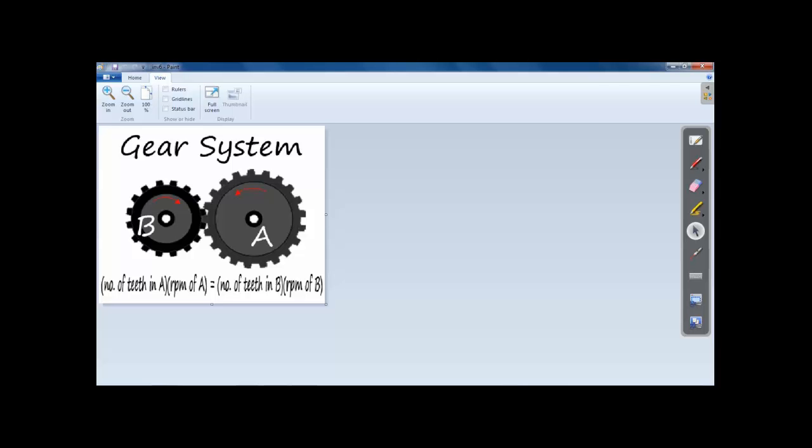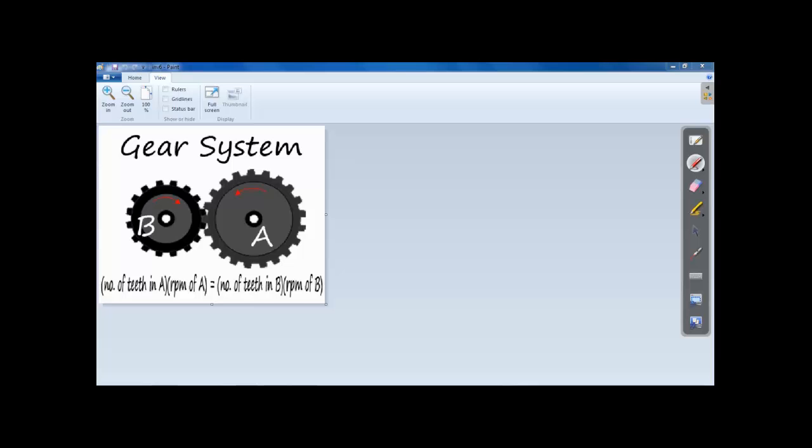We have another application of this inverse variation: the gear system relationship. As you can see in this picture, we have two gears connected together. One of them is moving the other one. Gear A and gear B are different in size, different in number of teeth, and also different in speed, which we say in rounds per minute.